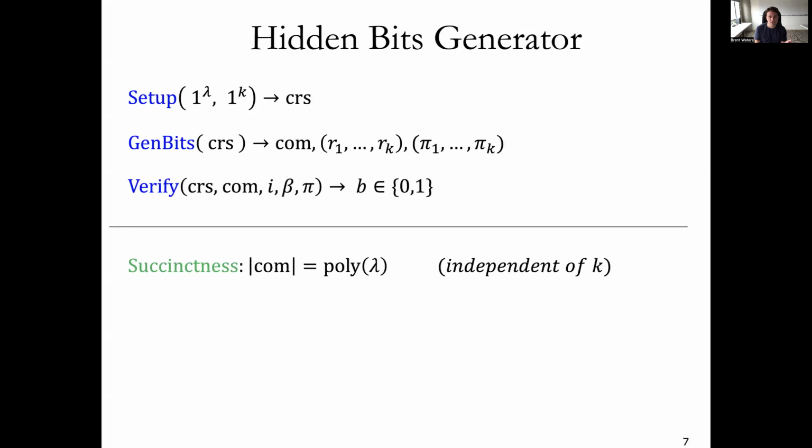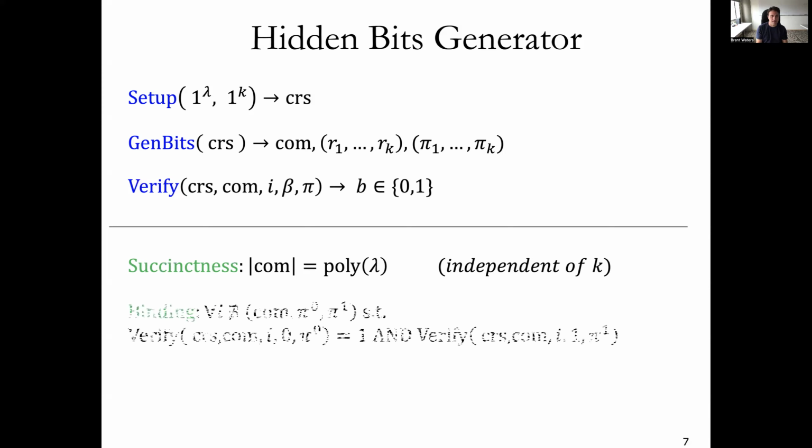So from any hidden bits generator, we're going to want to have 3 different properties. First of all, we want the commitment to be short. That is, it should be polynomial in lambda, and in particular, independent of k. Second, we want it to be binding, or ideally statistically binding, where for any commitment and proofs pi, there should not exist proofs pi 0 and pi 1, which will open up a bit I to both 0 and to 1.